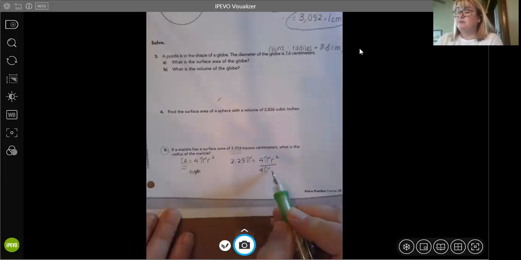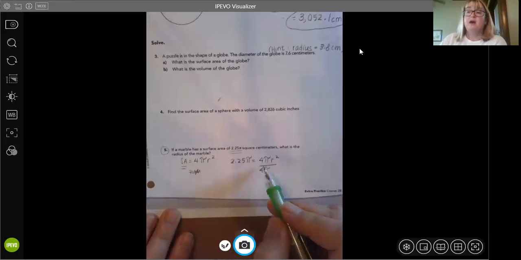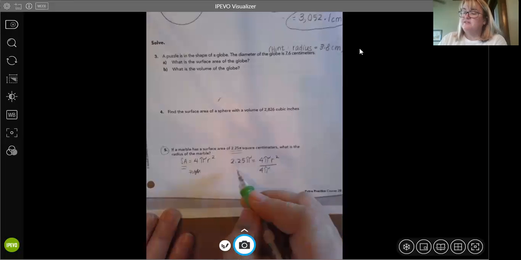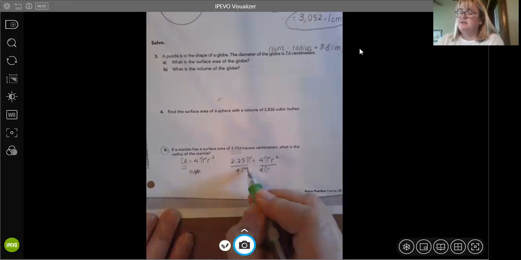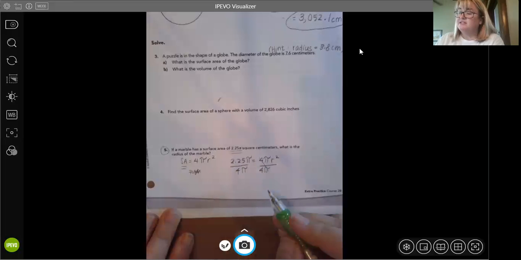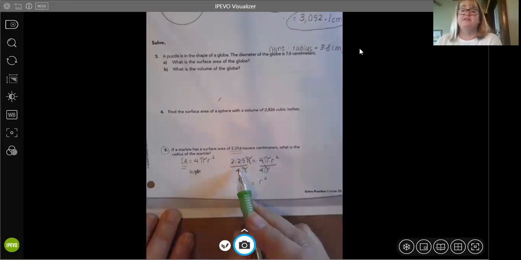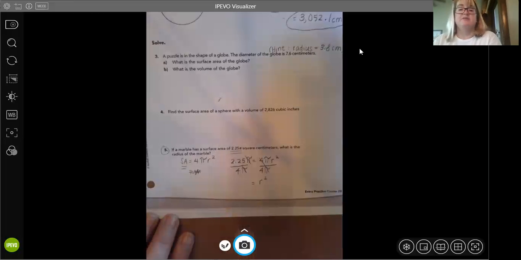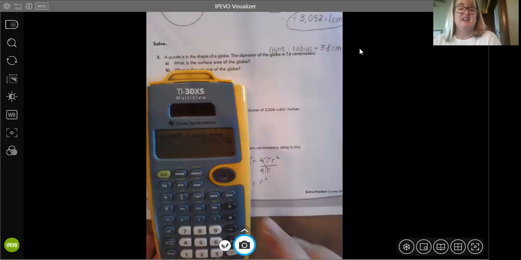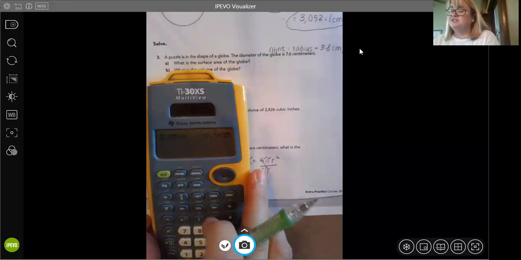But if I divide the right side by 4 pi, I've got to divide the left side by 4 pi. That cancels out, and that leaves the radius squared. Now, the nice thing here is pi gets canceled out. So now we have 2.25 divided by 4. So I'm going to take my calculator, and I'm going to do 2.25 divided by 4, and I get 0.5625.